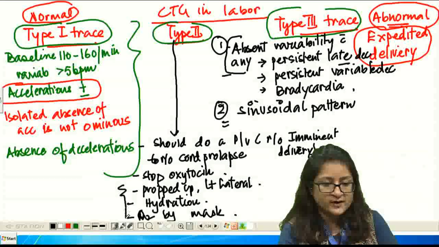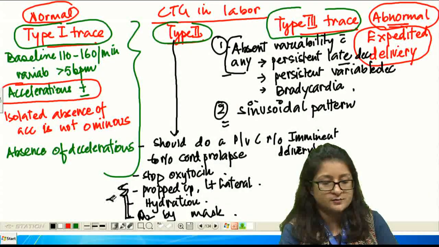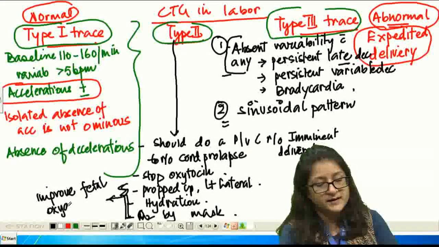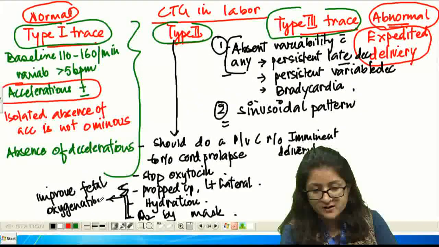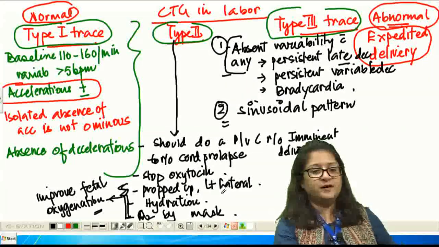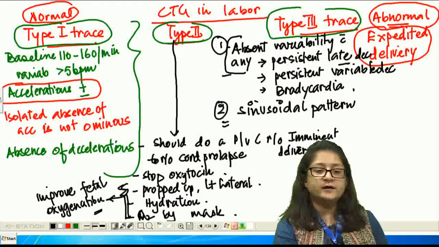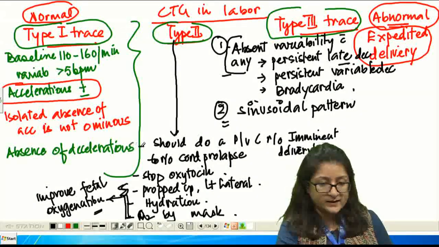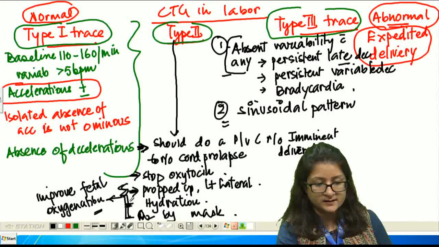Okay, these measures, propped up, hydration, oxygen by mask, they improve fetal oxygenation. So all these things should be tried first and see if the fetal heart rate is improving. If it is not improving, then further action is required. Otherwise, this should be the initial management as far as type 2 traces are concerned.